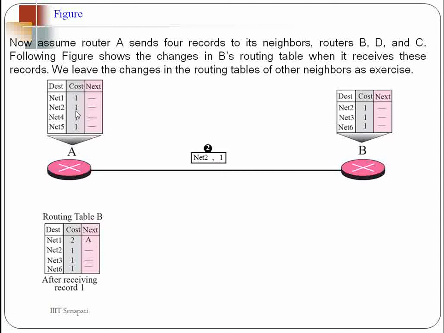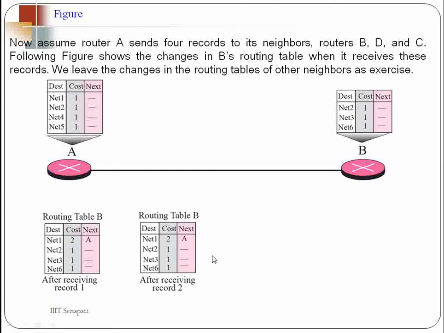Now the next record is for network 2. Network 2 was already here in one hop, so you are not making any changes. Now the third record has network 4, one hop.